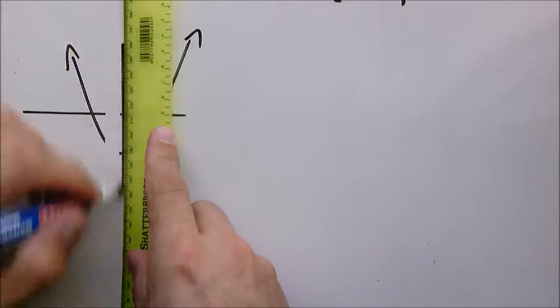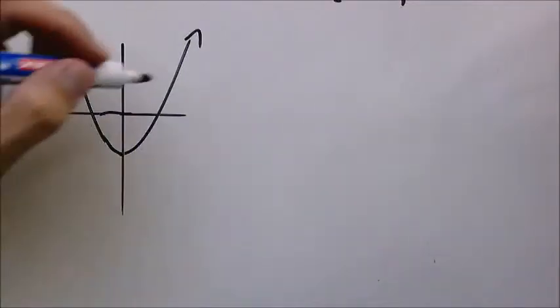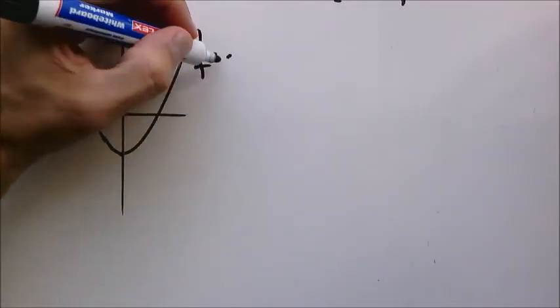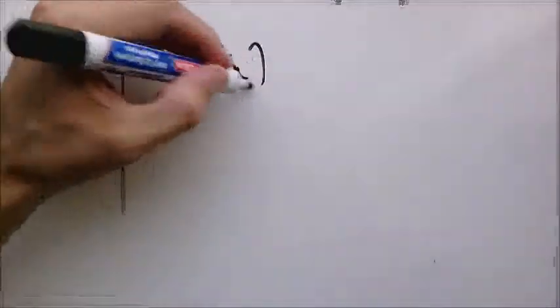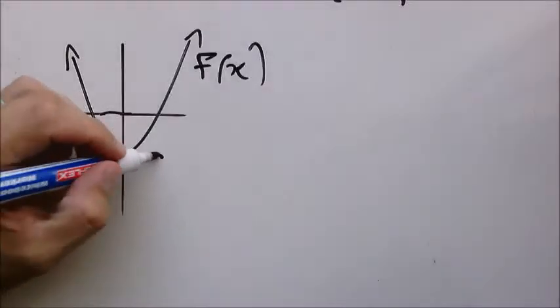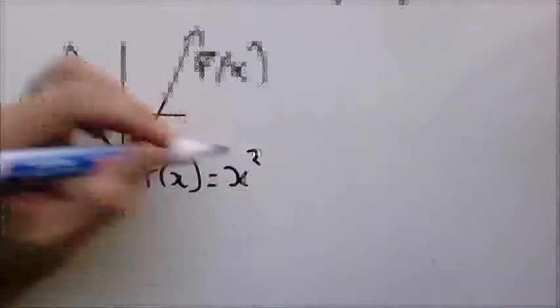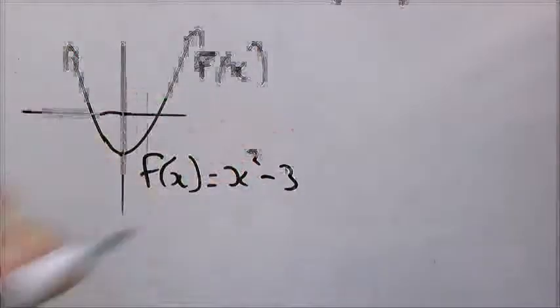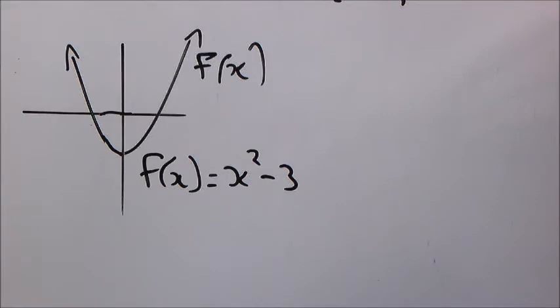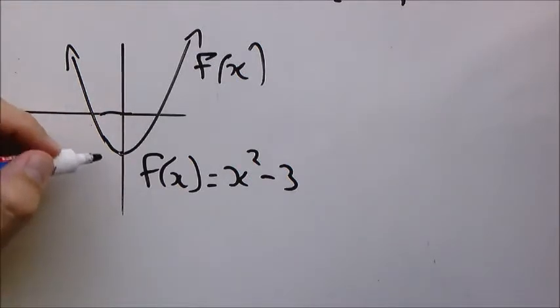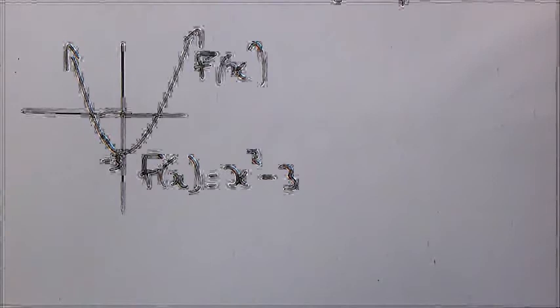We are going to assume the graph f(x), where f(x) is equal to x squared minus 3. So we know that's how the graph will look.